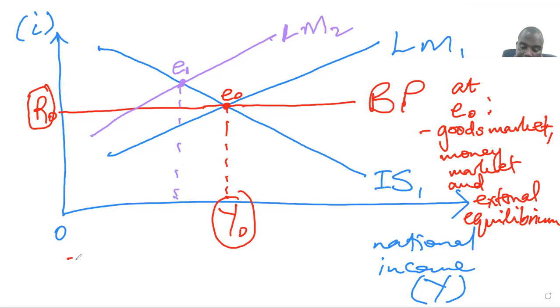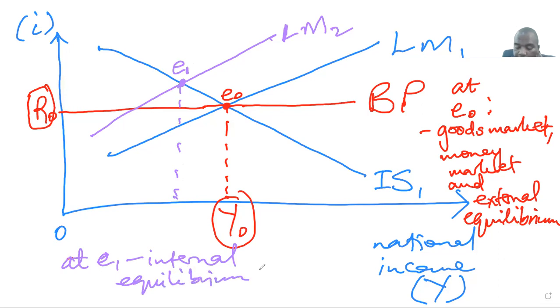At E1, we have an internal equilibrium. But the challenge with this internal equilibrium is that it is associated with a balance of payments surplus.